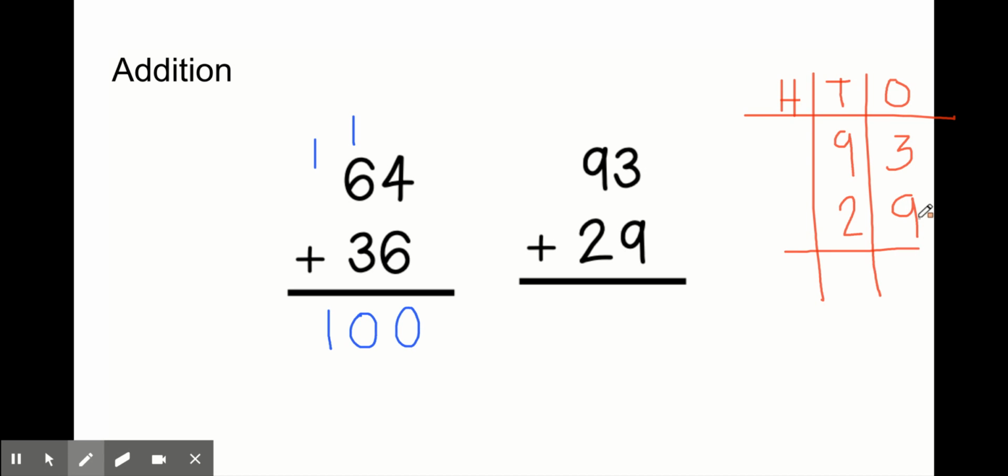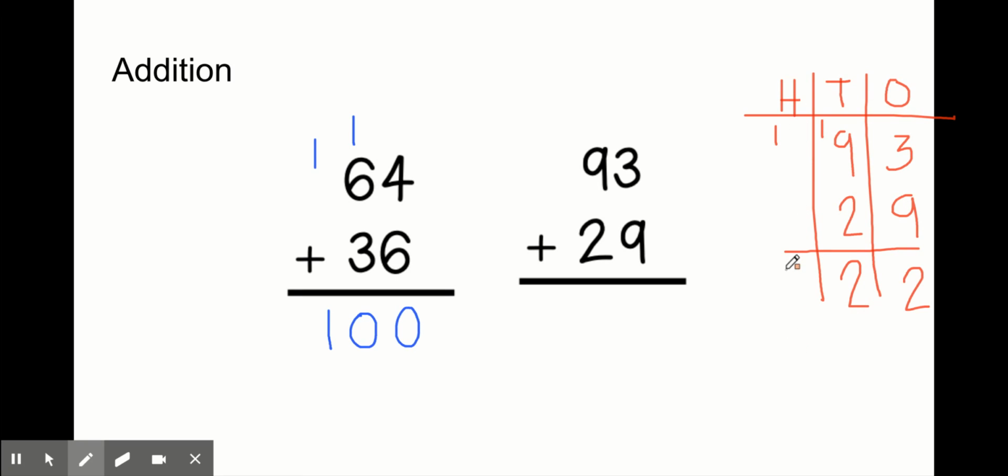3 plus 9 equals 12. 12 has 2 ones and 1 10, so I move my 10 over here. 1 plus 9 is 10, plus 2 is 12. 12 tens means that I have 2 tens and 100.